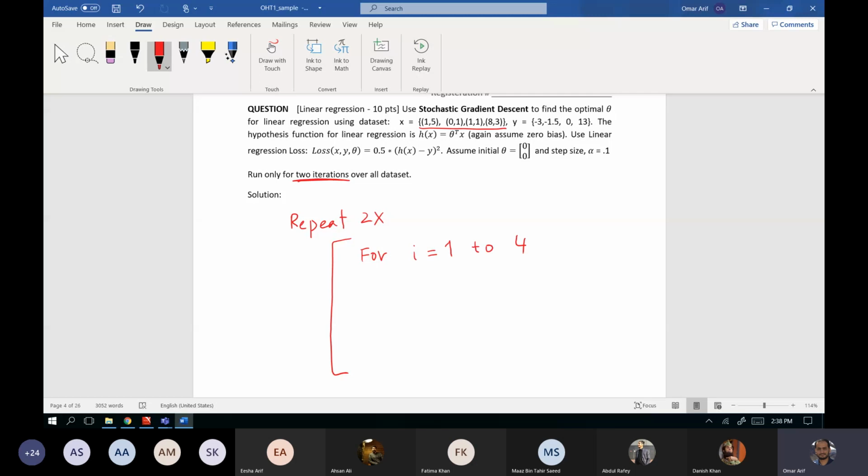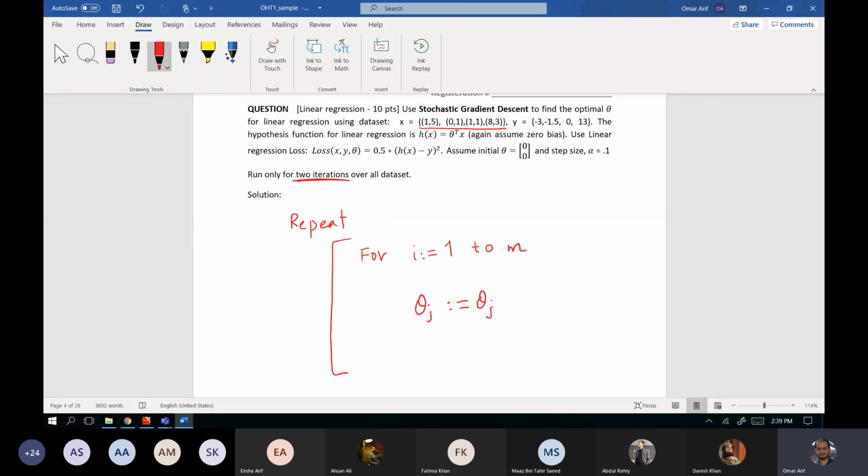So for i goes from 1 to 4, for each example I need to update my parameter theta j using the old value of theta j. Essentially here I will only have theta 1 and theta 2, but let me just write theta j to make it generic, so that we are not specific to only this question.